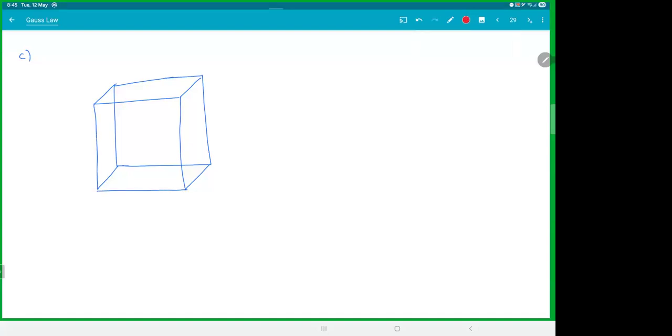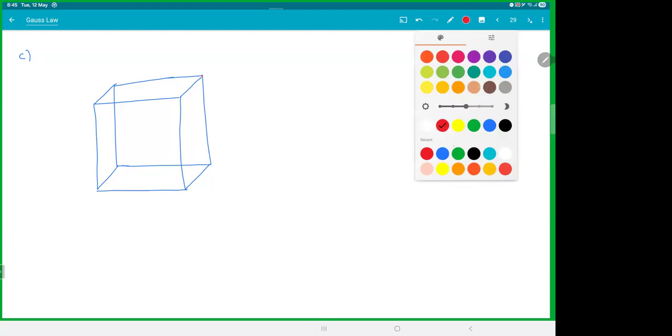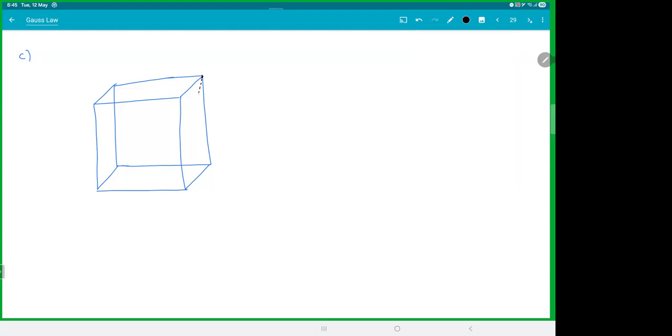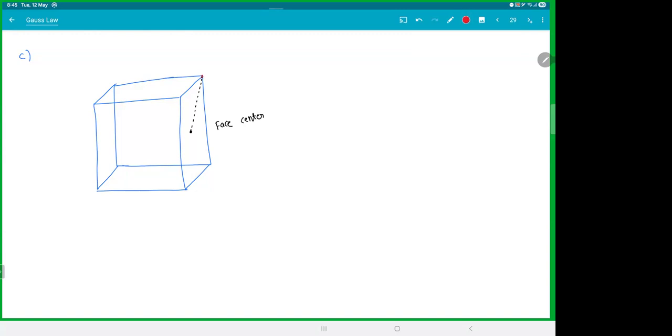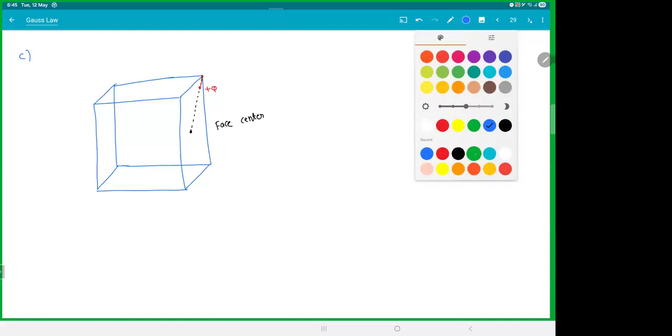So this charge Q here, which you kept, let's say it is moved slightly. This is your face center. So this charge Q is slightly moved here. The plus Q is slightly moved on this surface, and these things are still the same.